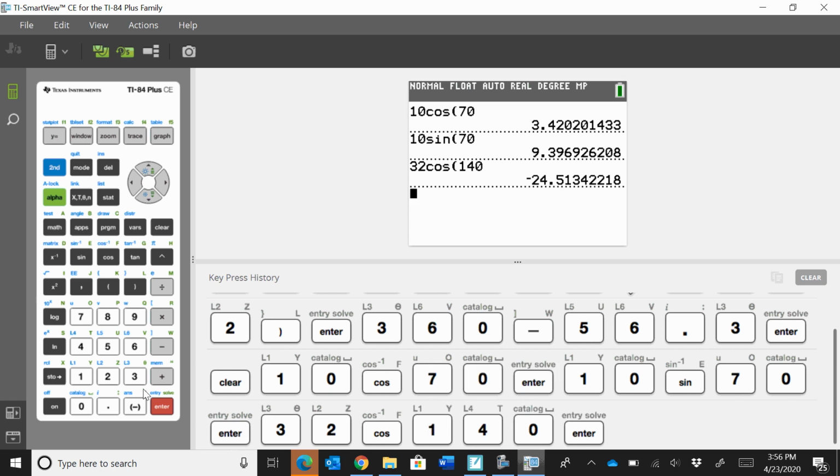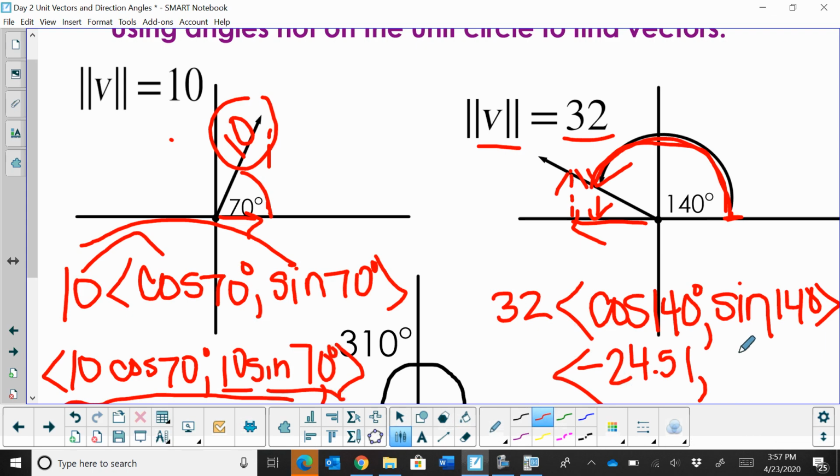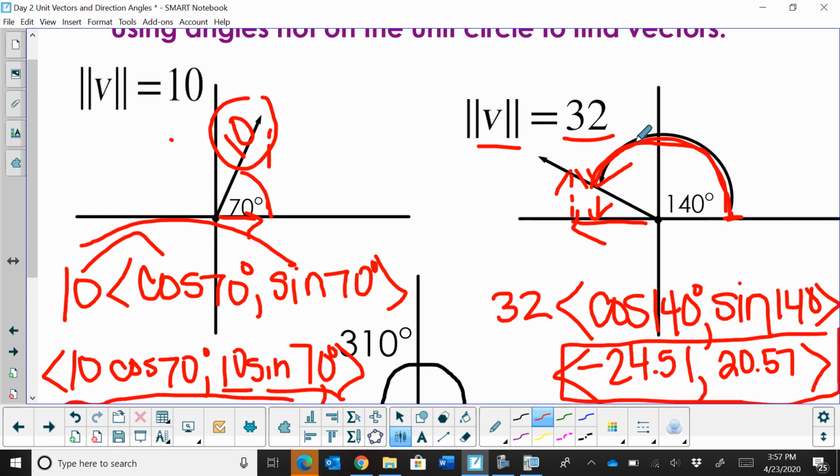We're taking this time 32 times the sine of 140. And that gives us 20.57. And that is the vector that has a magnitude of 32 and a direction of 140.